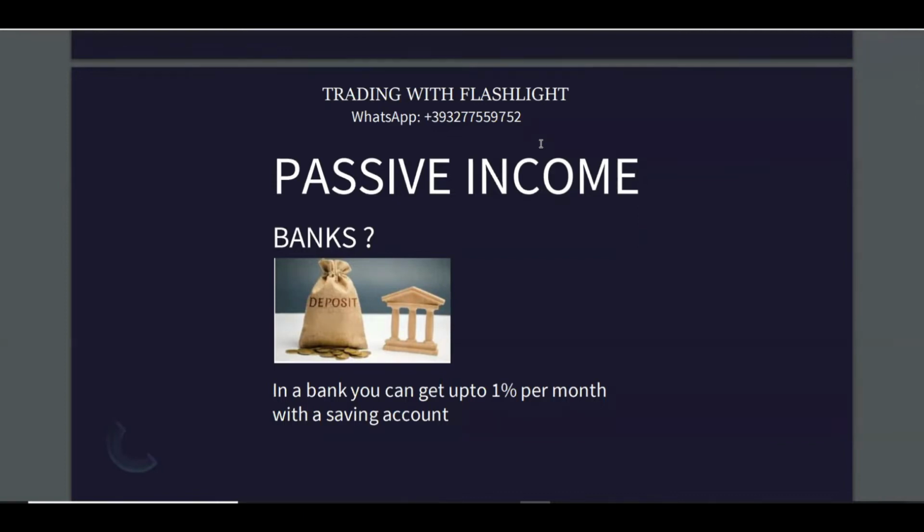Any bank that pays more than 1% per month or per year. There are not very plenty of banks that pay that percentage, because if you search on Google, the majority of banks pay 0.5, 0.3, or 0.8. So even 1% is for committed members.